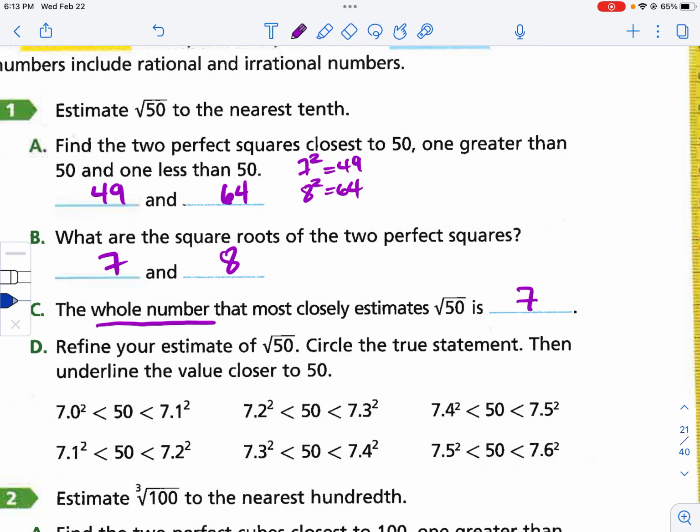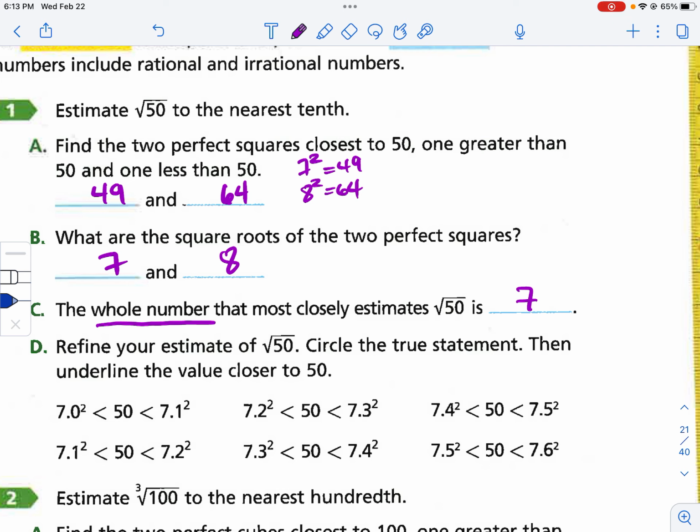So we know that the square root of 50 is going to be 7 point something. Redefine your estimate of the square root of 50. Circle the true statement, then underline the value closer to 50.